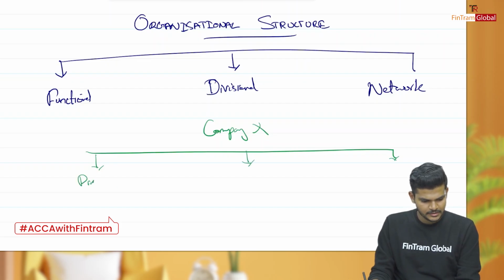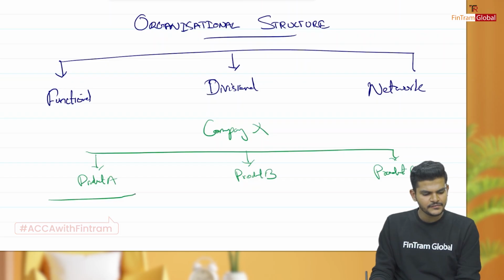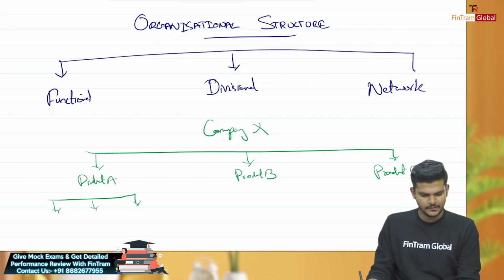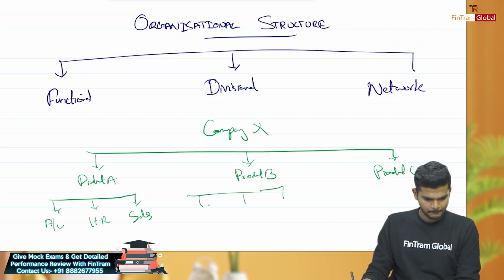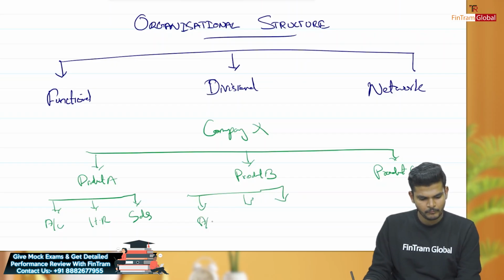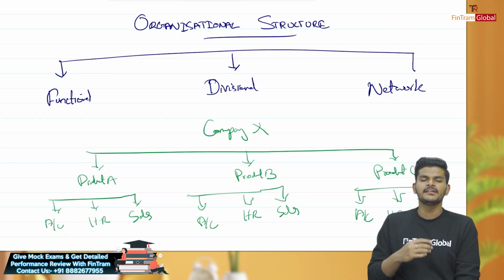Okay, folks, we have product A, product B, and then product C. Each of these products will have their separate departments of accounting, of HR, of sales, etc. Okay, folks, that's basically the overall idea. Alright, so this is how the divisional structure would look like.